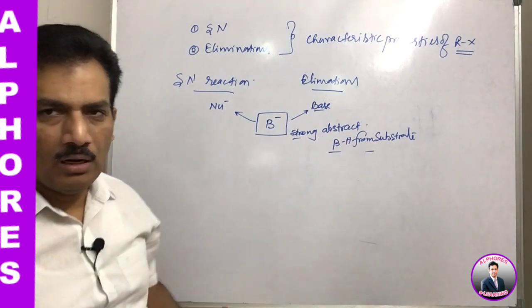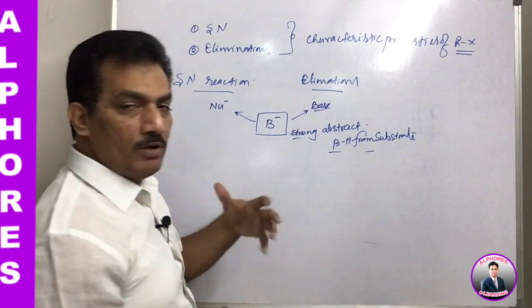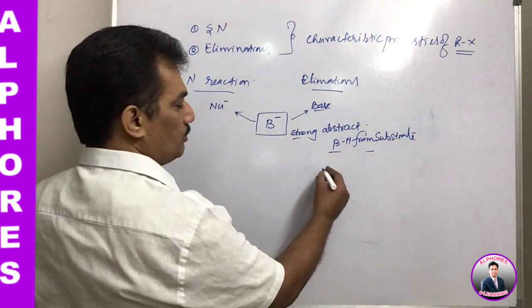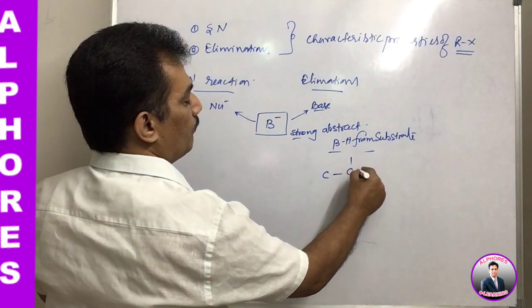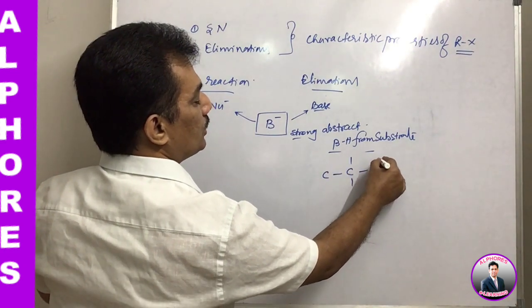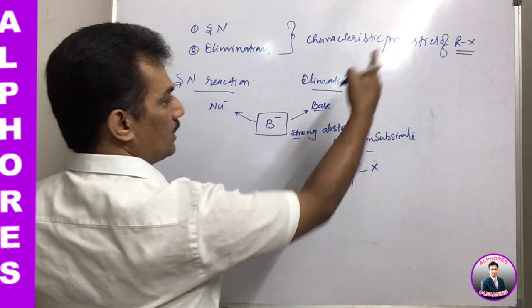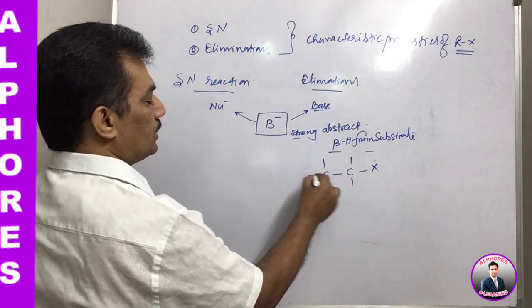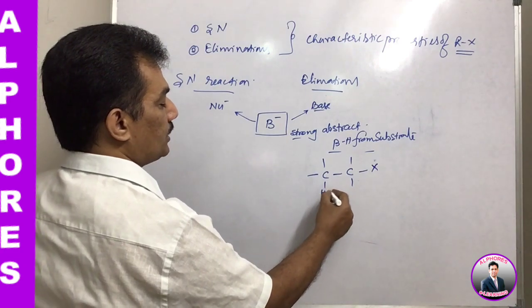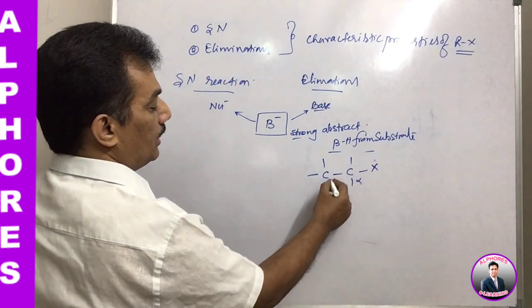And this beta hydrogen abstraction will happen in a particular manner. Just observe, say for example, we are considering an alkyl halide, and one of the hydrogens is present on the beta carbon, and this is the alpha carbon.